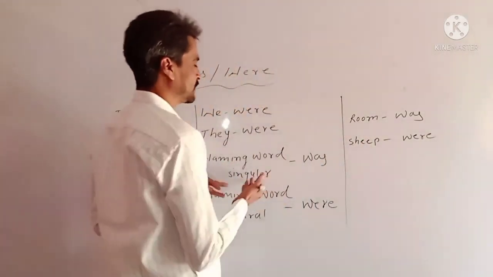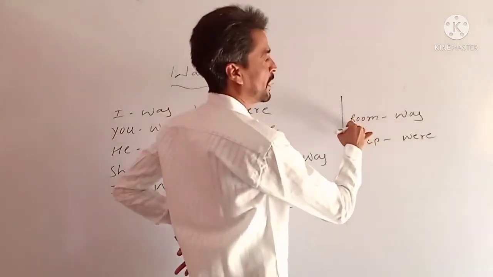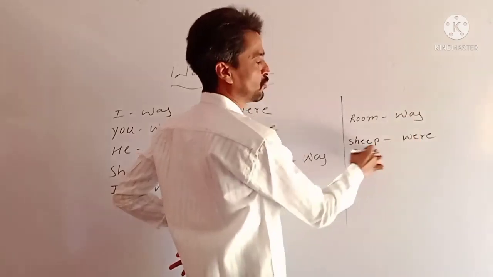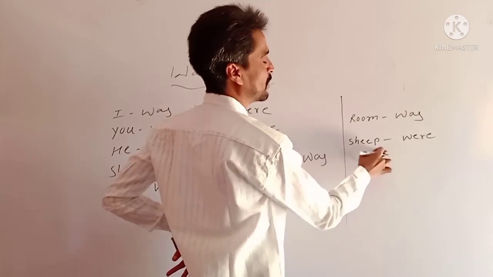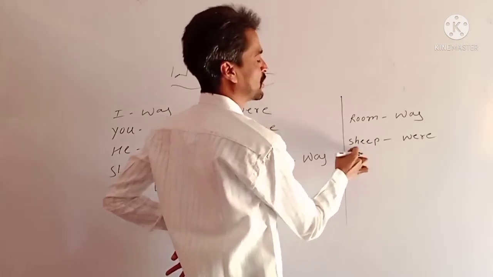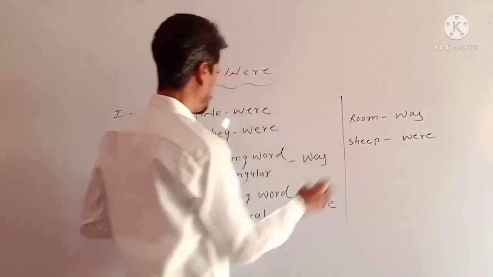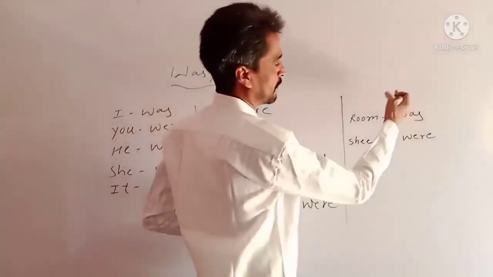Room is the naming word and it is in singular form, that's why we can use was. Sheep is in plural form also, so we can use were with sheep. Sheep can be in singular form and also in plural form, but here we are talking about the naming word in plural form, so we use were.